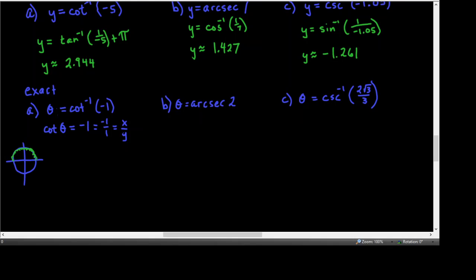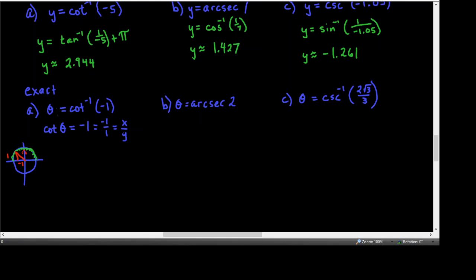So within the green region, I want some triangle where x is -1 and y is +1. And that's the 1, 1, square root of 2, so a 45, 45, 90 right triangle.